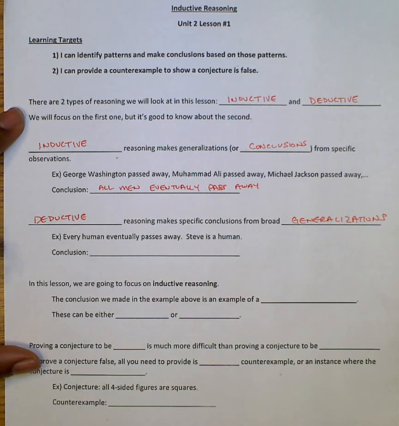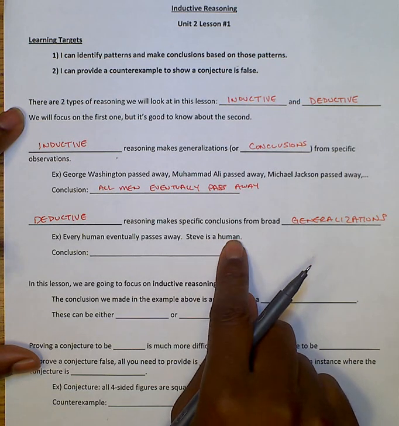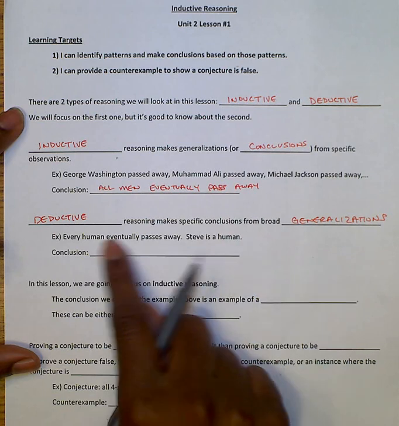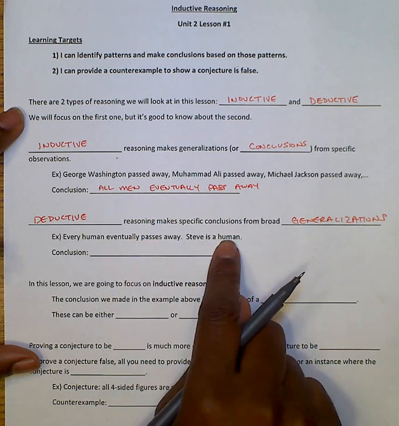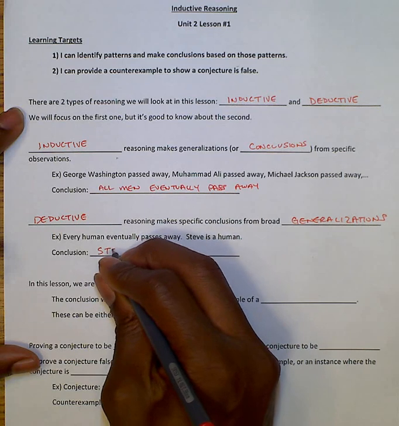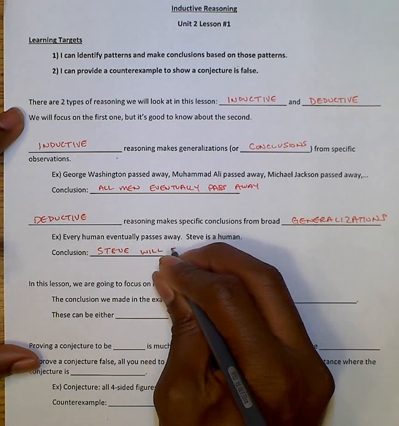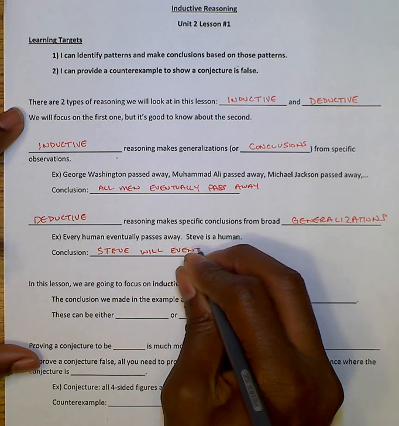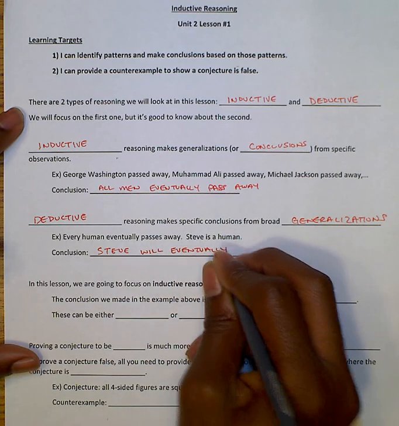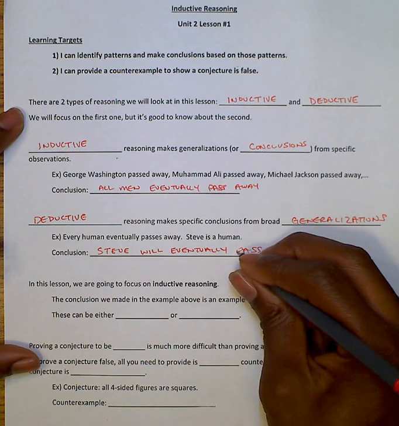And we say Steve is human. So if every human eventually passes away and Steve is a human, then we can say that Steve will eventually pass away.